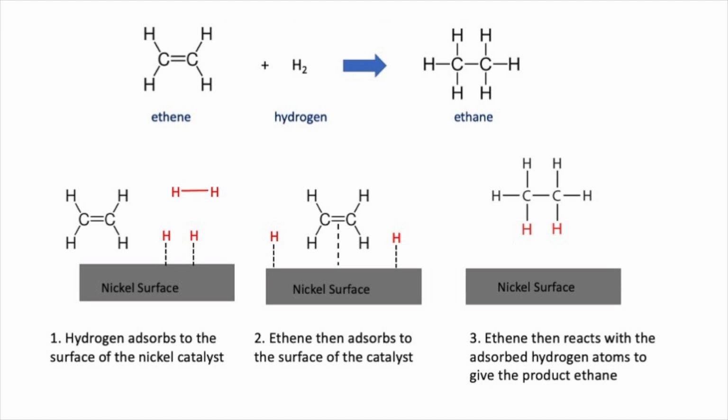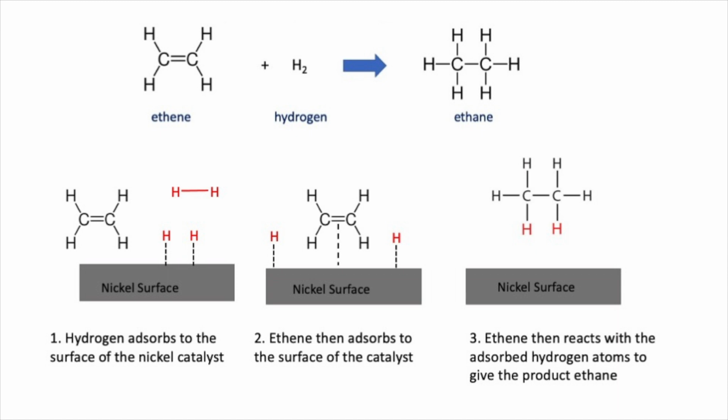So what happens is the hydrogen bond breaks and hydrogen atoms stick to the surface of the metal. The next step is for the alkene molecule to also adsorb or stick to the surface of the catalyst. And then a chemical reaction takes place on the nickel surface, and ethene reacts with the adsorbed hydrogen atoms to produce the product ethane, and then the ethane desorbs from the nickel surface. It leaves the surface.